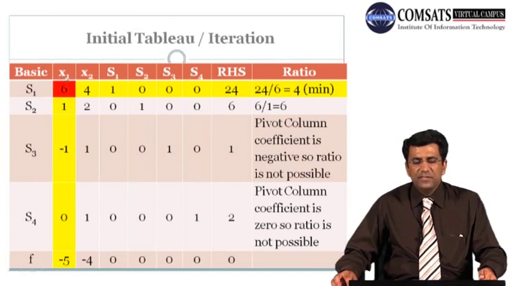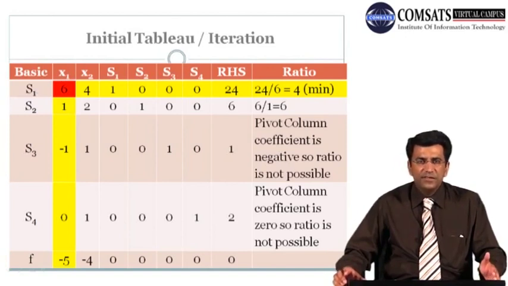So in this case x1 will be our entering variable, and the corresponding basic variable against the pivot row will be our leaving variable. In this case this variable is s1. So x1 is our entering variable and s1 is our leaving variable.